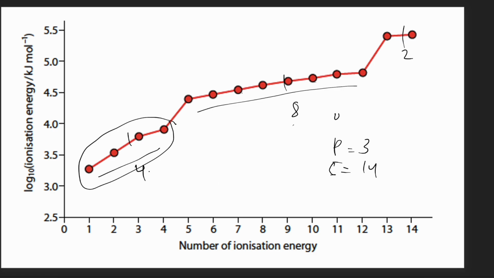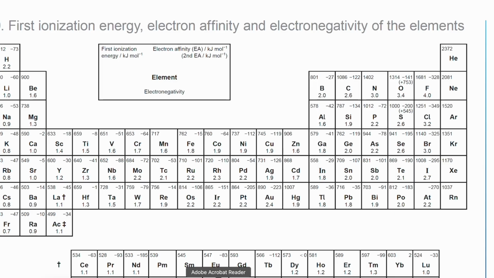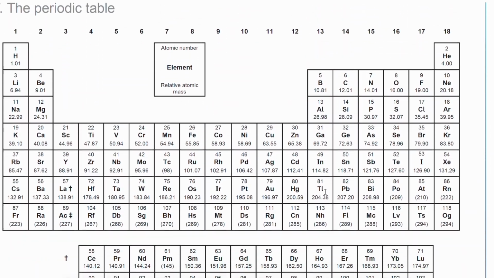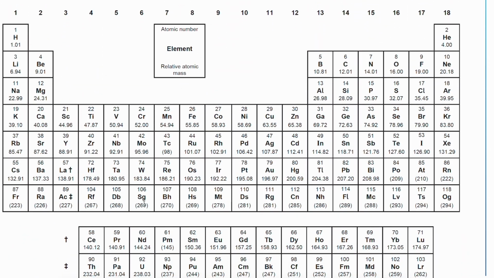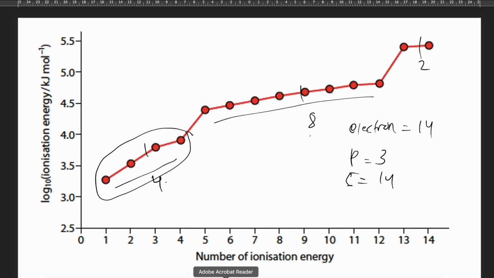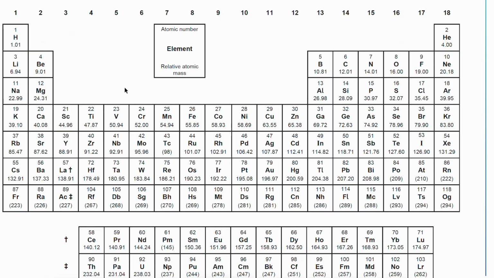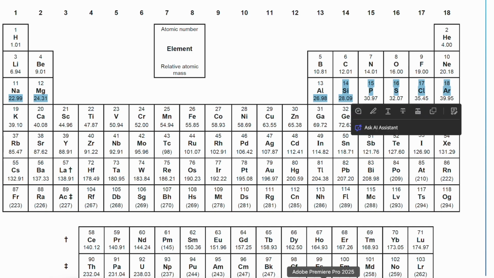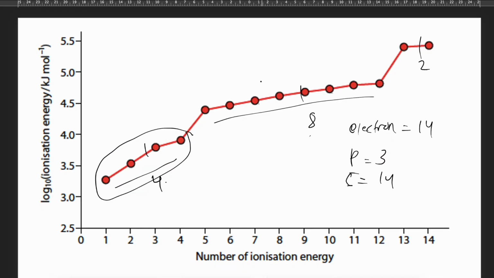And the number of electrons is 14. So let's look at the periodic table. Period 3, group 14. Okay, and the valence electron is 4, number of electrons is 14. So the element is silicon. So this one is silicon.